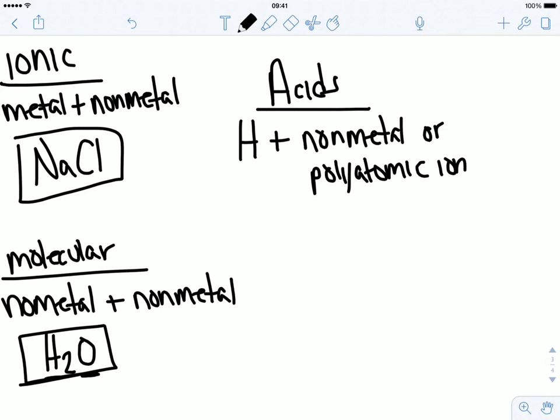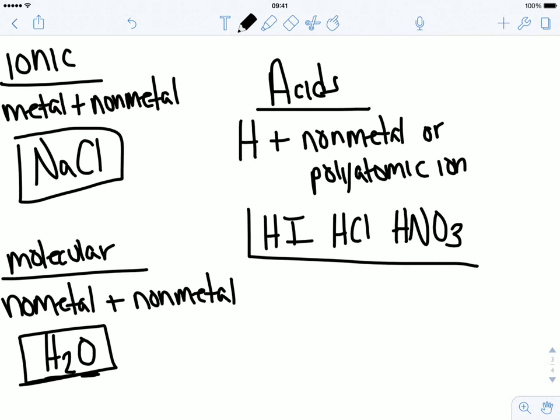So some examples of acids would be HI, hydroiodic, HCl, hydrochloric, and if we did one with a polyatomic ion, HNO3, that would be nitric acid. So these 3 right here are examples of acids because they all begin with hydrogen, they're all made up of nonmetals, and the second part is either a nonmetal or a polyatomic ion.